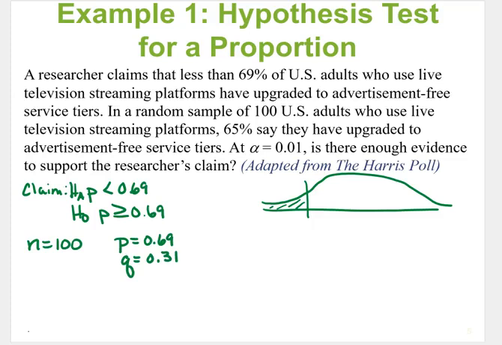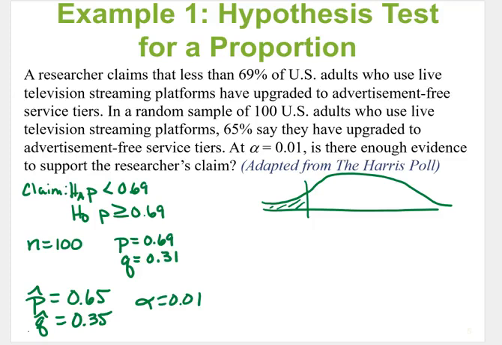All right, so it says in a random sample of 100 U.S. adults, 65%. So my p hat is 65%, and my q hat would be 35. Now the good news is you don't need q hat for this problem, but it's always nice to have it there. So that would be your point estimate for the failures. At alpha equals 0.01.